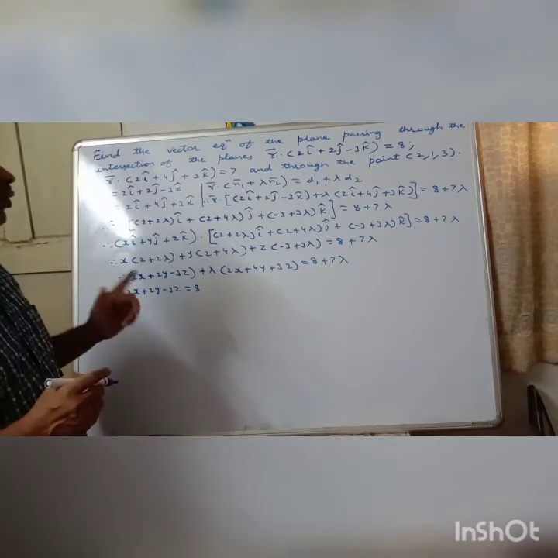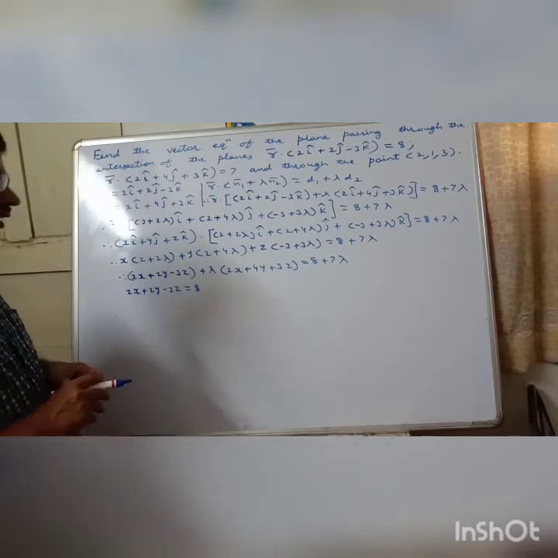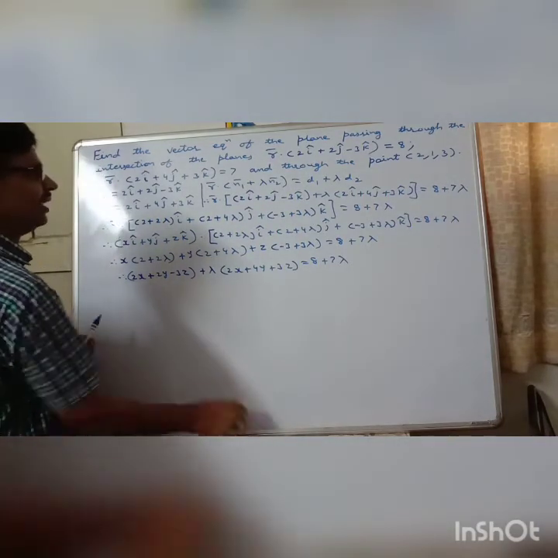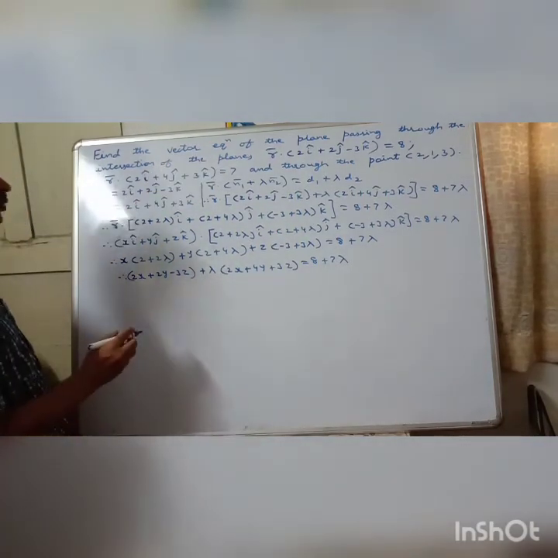But here we have to find value of lambda, and for that one condition is given. It is more convenient to use that condition. Put values of x, y, z.